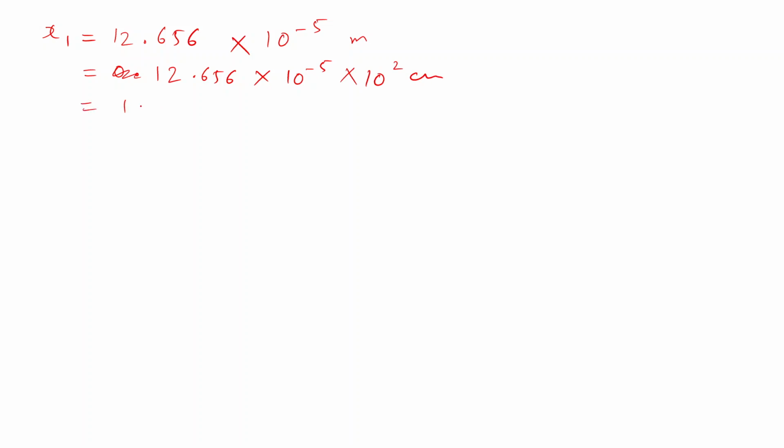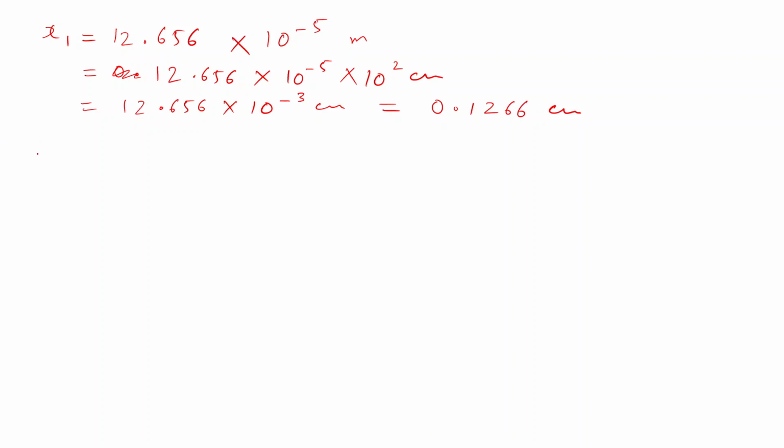This will be 12.656 times 10 to the power minus 5 plus 2 minus 3 centimeter, meaning 0.1266 centimeters we can consider. And this is the position of the first order minimum.